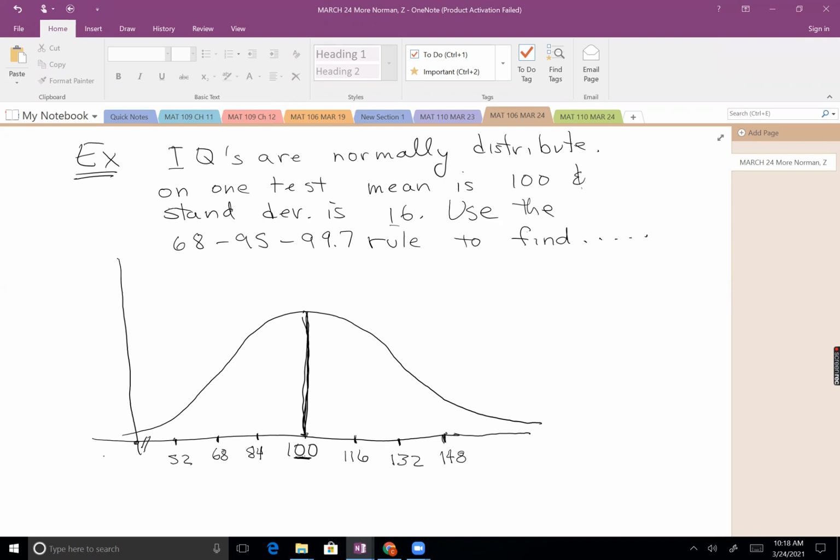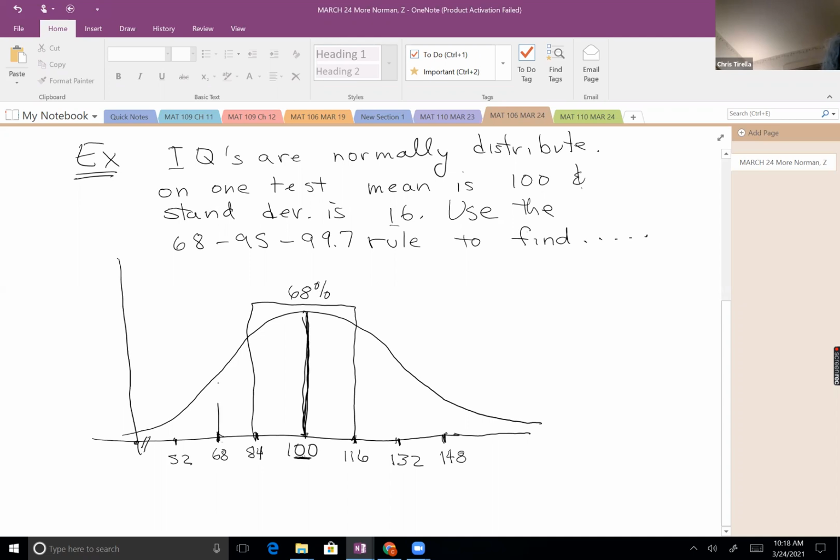Yeah. The next thing we want to do is put our little boxes for our percentages. If I go 1 to either side of the middle, that's my middle 68%. Then if I go to the next number out on each side, that next grouping will be my middle 95%.